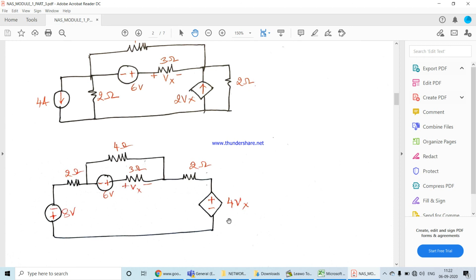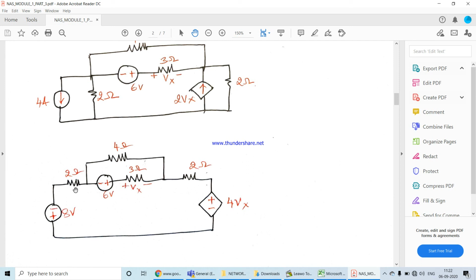So 2 into 2 is 4Vx. See, Vx is not eliminated here; Vx remains as it is. That is the property that should not change when a current source is converted into a voltage source. Now we have voltage source 4Vx in series with 2 ohms. This is the network we got after converting parallel to series.